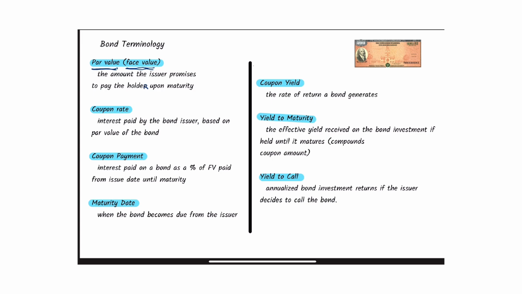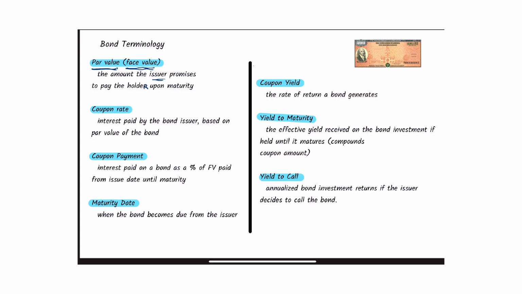So they're essentially borrowing money from you, and you get paid using the coupon rate of the bond. There's also the market rate that will come into play as well, and we'll get into that more when we do the calculations.